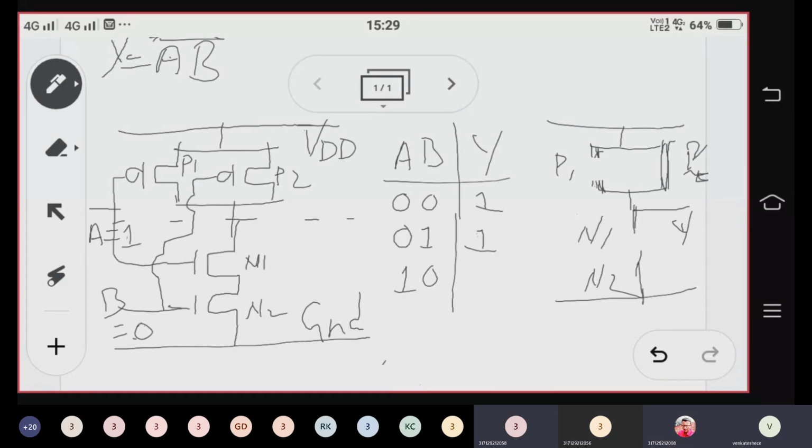A equal to 1 is given to N1, so N1 is in on condition. B equal to 0 is given to N2, so N2 is in off condition.